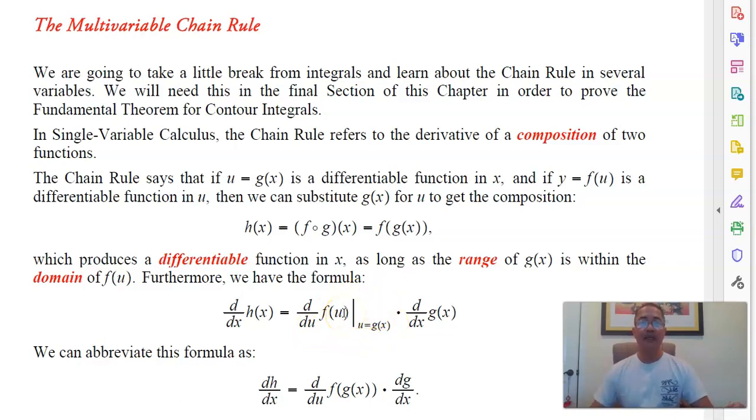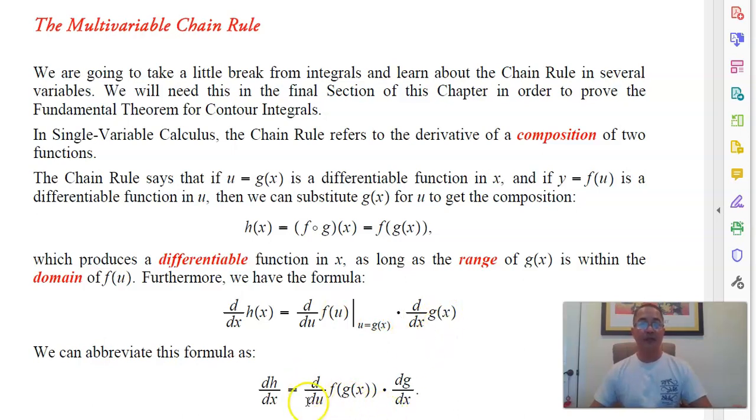And then you multiply that by the derivative with respect to x of g of x. So what we sometimes say in calculus is that you take the derivative of the outer function, which is f, plug in the inner function, and then multiply by the derivative of the inner function.